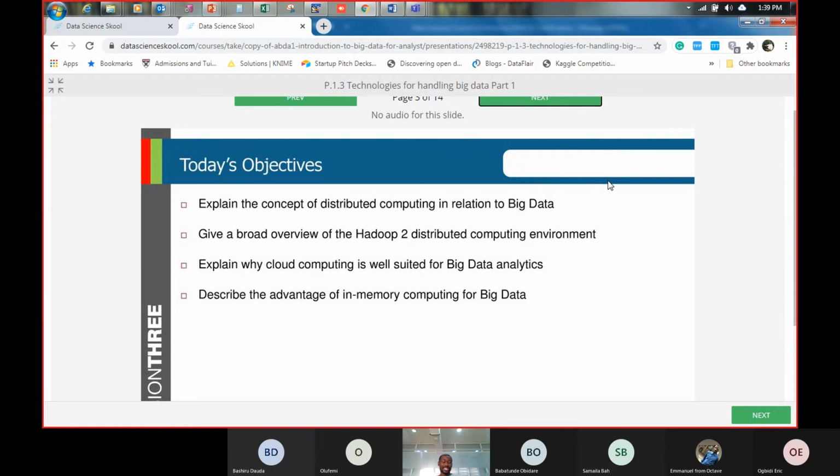For this chapter, we're going to be looking at the concept of distributed computing, and it's actually because of technical stuff like this that we came up with the idea of having hybrid classes, because at times some of these concepts you cannot just teach virtually like that and believe that people on the other side completely grasp the concept. So we are going to be talking about the concept of distributed computing in relation to big data.